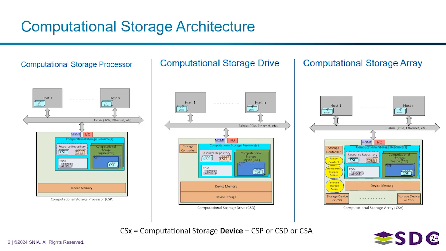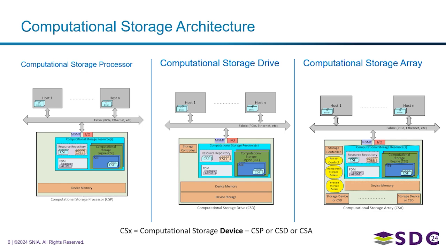The computational storage drive in the middle, or CSD, this is more of a traditional drive that you're familiar with that has computational storage resources. So it has a storage controller, it has the storage media, so it can store data and it can process data as well. And then over on the right is a computational storage array.